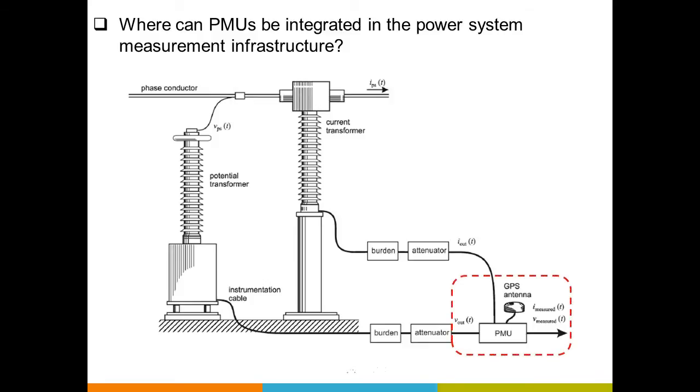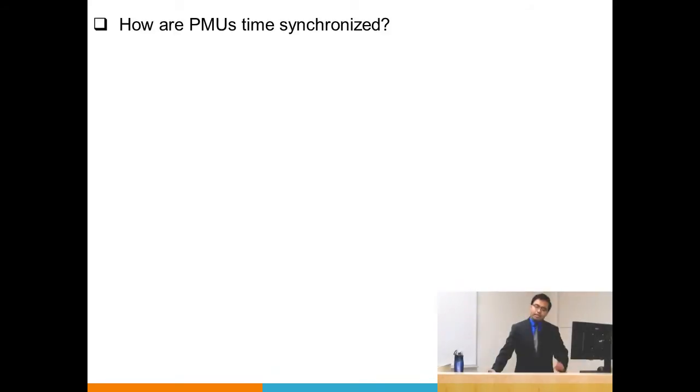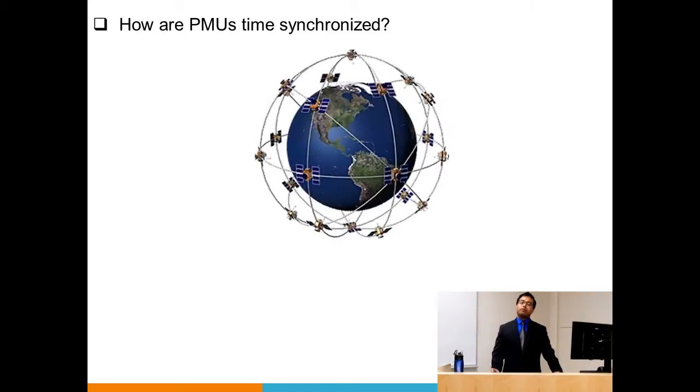Now let's look at the time synchronization part of the PMUs. This is a very important part. How do the PMUs get time synchronized? We see in this particular figure that we have the Earth which is surrounded by 32 functional GPS satellites.